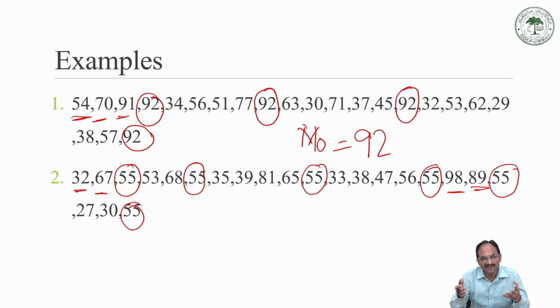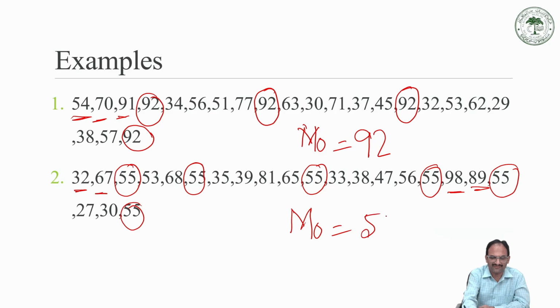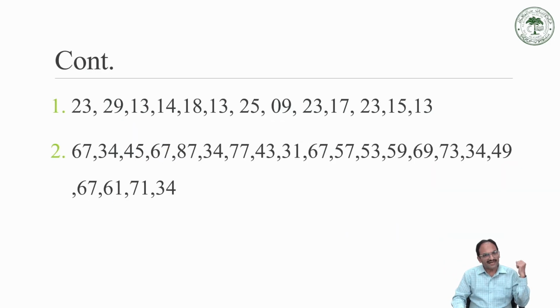So definitely the mode for this distribution will be 55. The calculation of mode is very easy in this situation: you check which number is repeating the maximum times, and that way you determine the mode. Let's continue and see on the next slide.